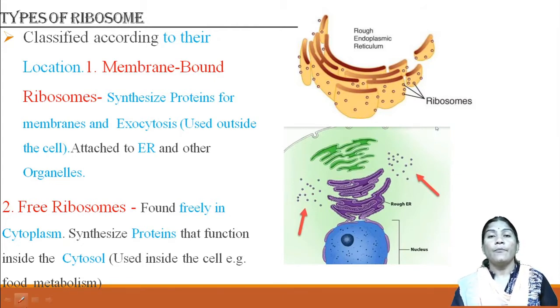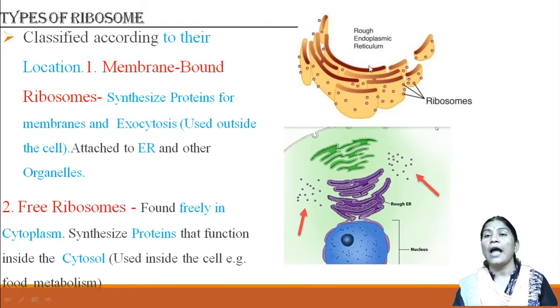So first, when we learn about the membrane bound ribosomes, these ribosomes always synthesize the proteins for the membranes and also for exocytosis. Means they are also used outside the cell. These are always attached to the endoplasmic reticulum and other organelles.